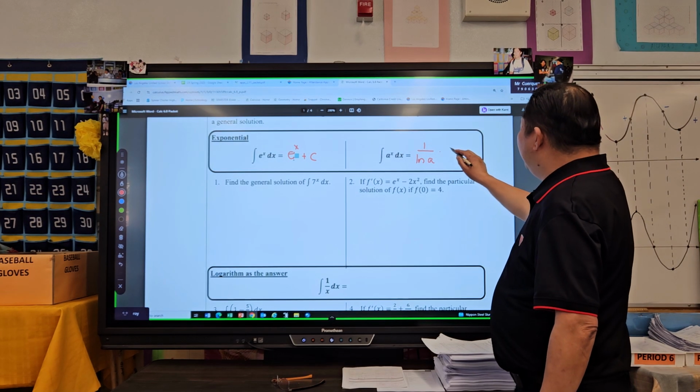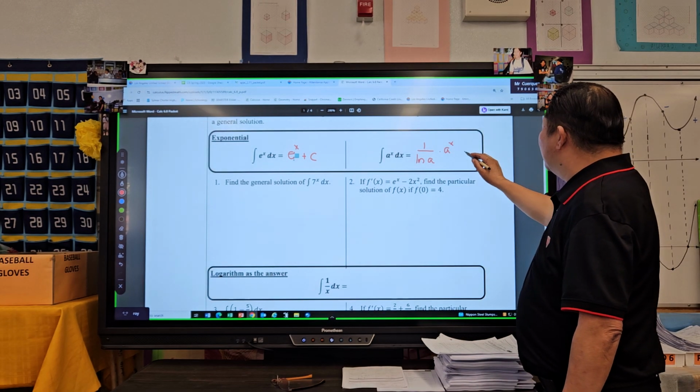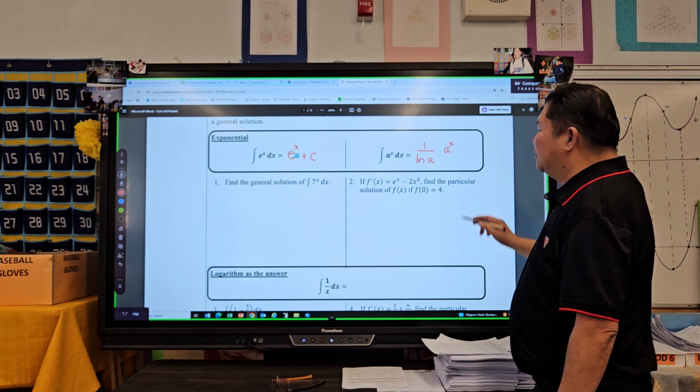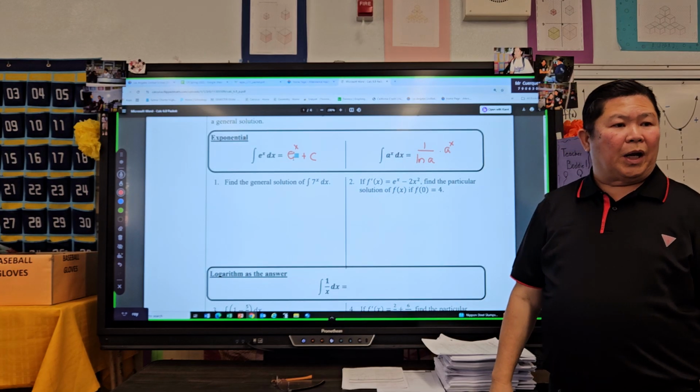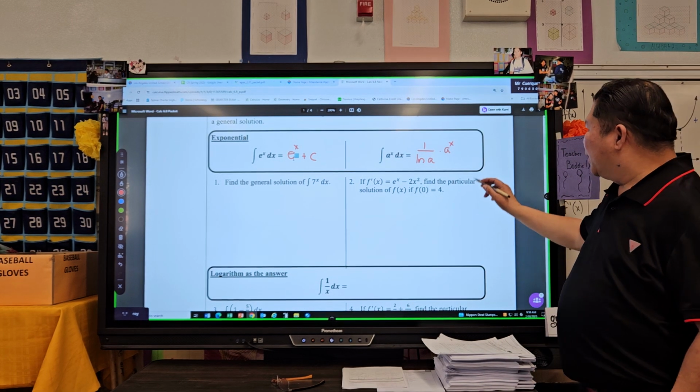So a to the power of x. Since this is the general solution, we say plus c. Okay, plus the constant. Can you write down the constant, so plus the constant.